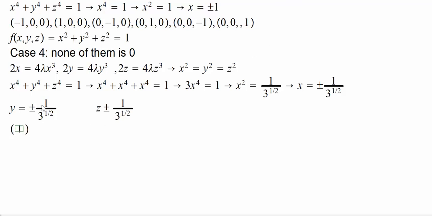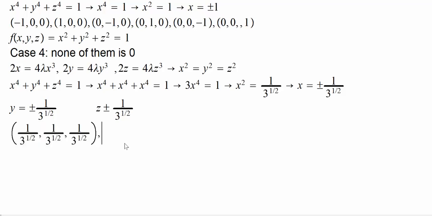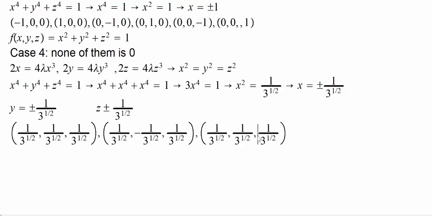Then we can make this one negative, or make this one negative. So here we got those combinations, and then what we will do now is start making this.